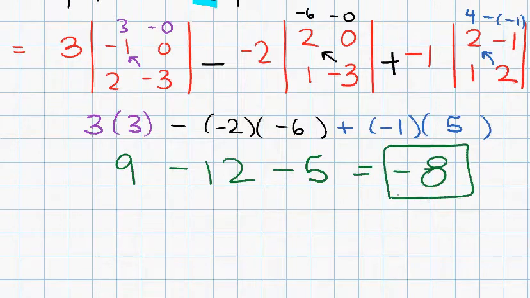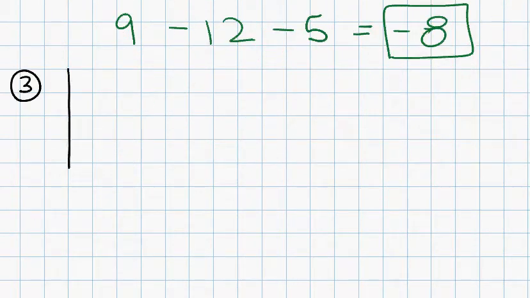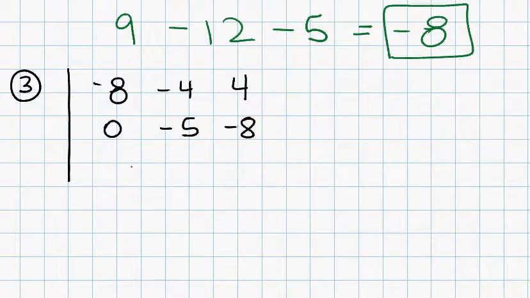So we'll do this again together. So I have a new matrix for you to write down. -8, -4, 4, 0, -5, -8, 3, 4, 1.